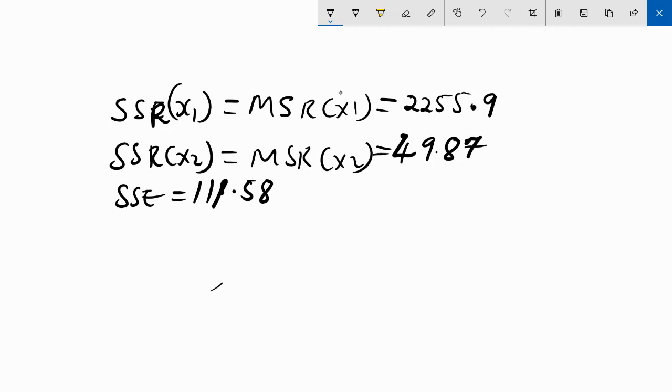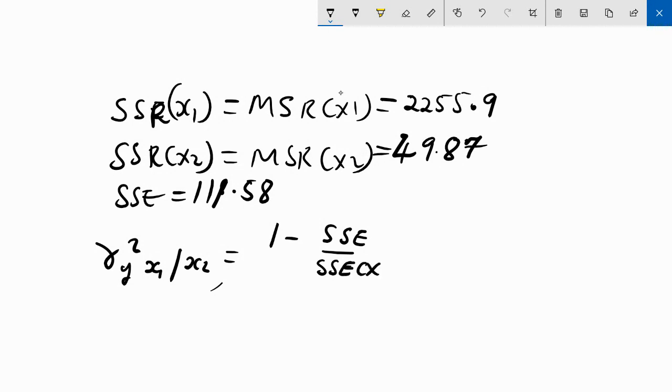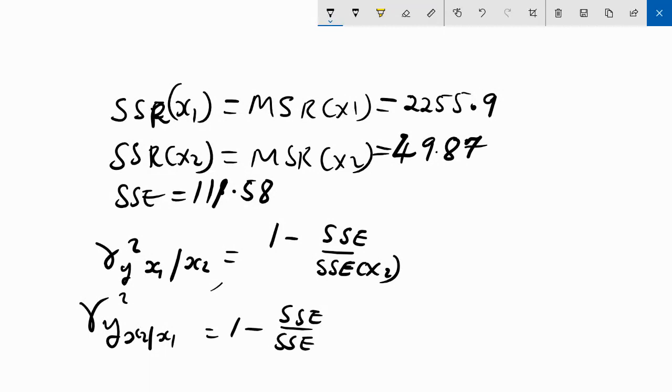So now I want you to find R squared of x1 given x2. I said this is the same as 1 minus SSE divided by SSE of x2, the given one. Why R squared of x2 given x1? 1 minus SSE divided by SSE of x1. Can you please give me the final answers for the two?